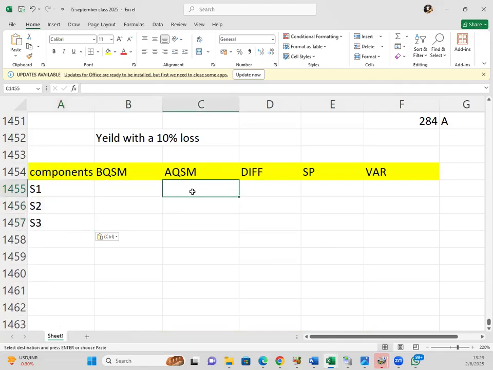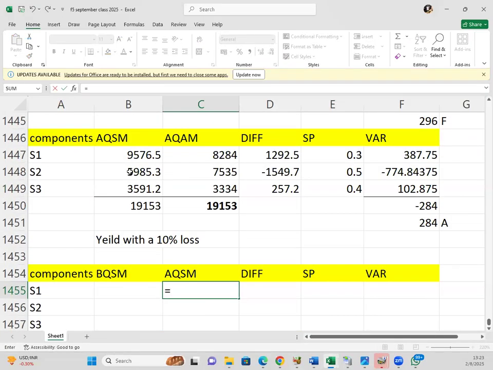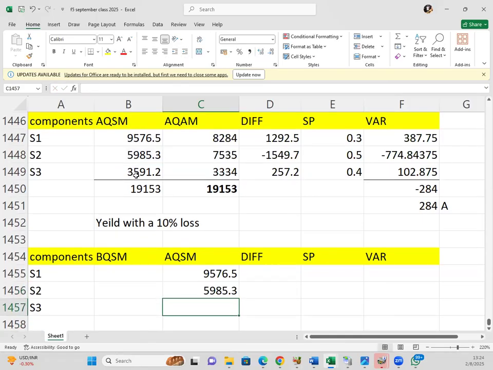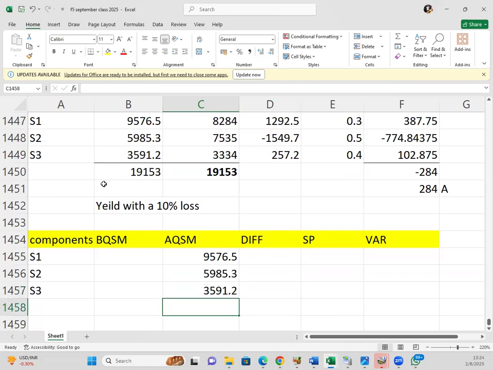The actual quantity standard mix is not affected by the yield, by the loss. So the actual quantity standard mix, we are just taking the same values we calculated here. But for the budgeted quantities at standard mix, this one is the one that is affected by the loss.